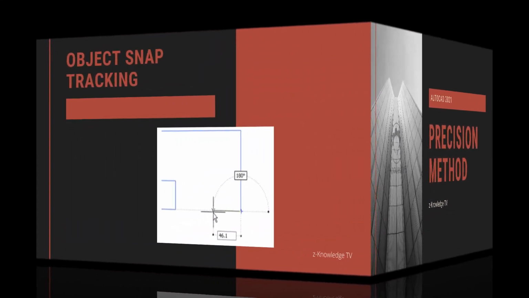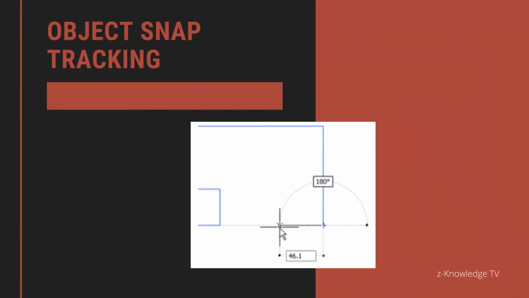For example, in the illustration shown, you often need to place or create geometry at a location relative to other objects in the drawing. While you could create construction geometry for the purpose of aligning the new geometry, with object snap tracking, you can accomplish the same results much faster.